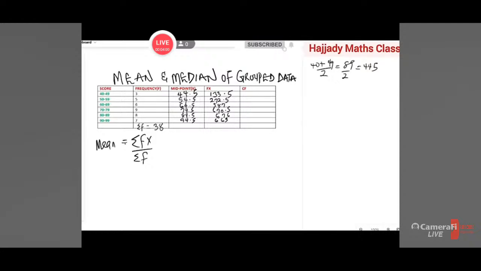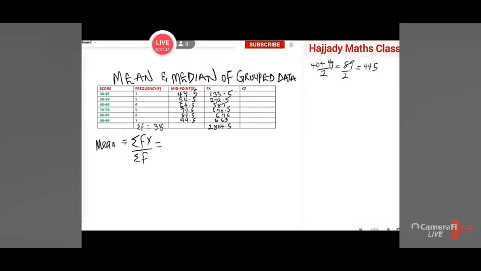Okay? So adding this together, the summation of our fx in total is going to give us 2,804.5. So this is our summation fx.